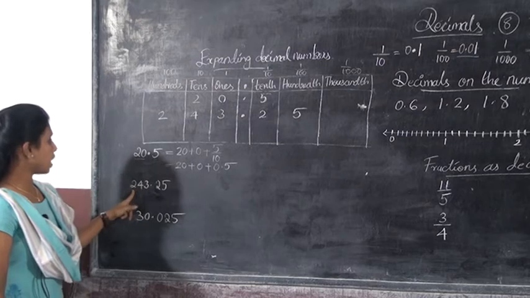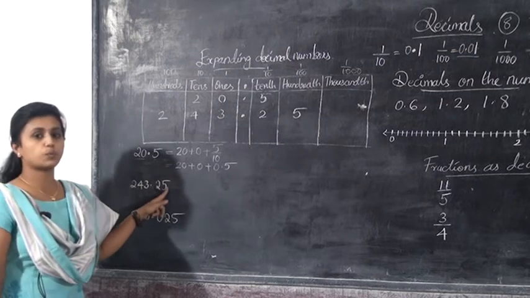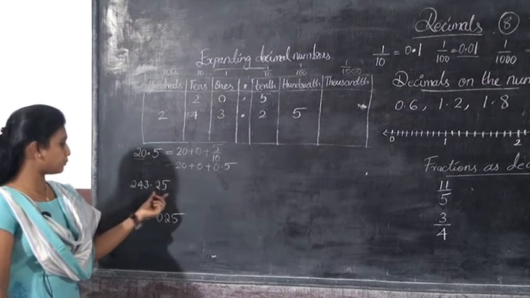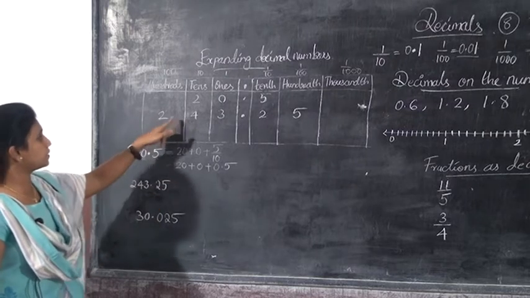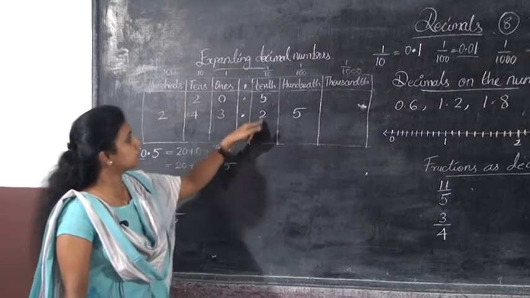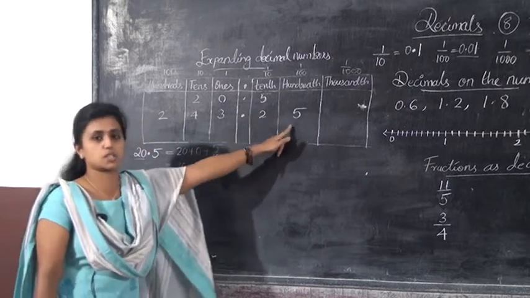Now next one, 243.25. How do you expand this number? 2 hundreds, 4 tens, 3 ones, then 2 tenths, 5 hundredths.